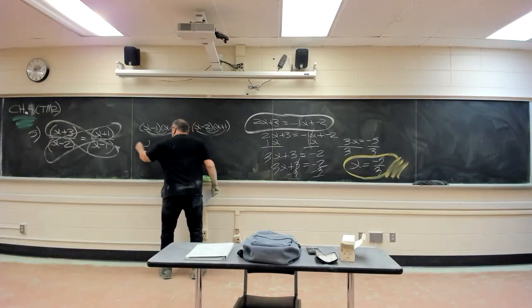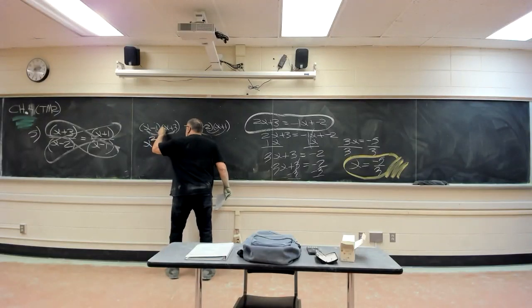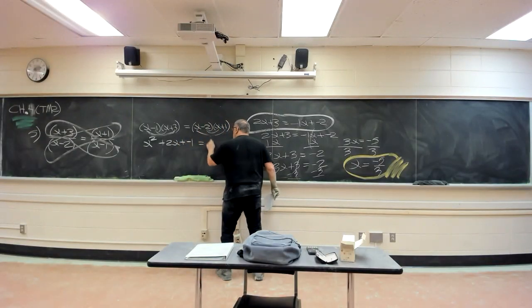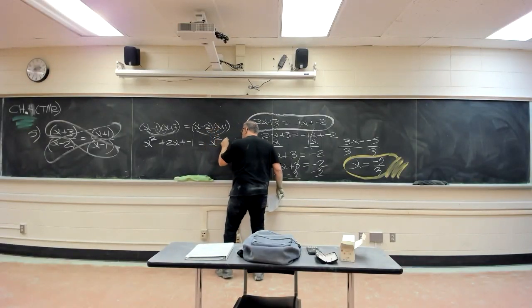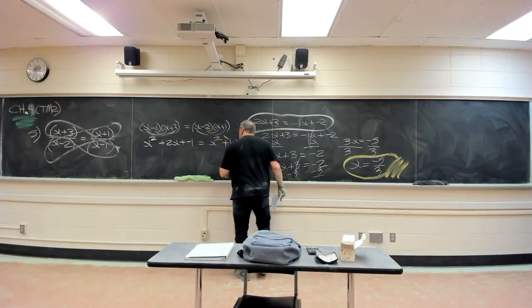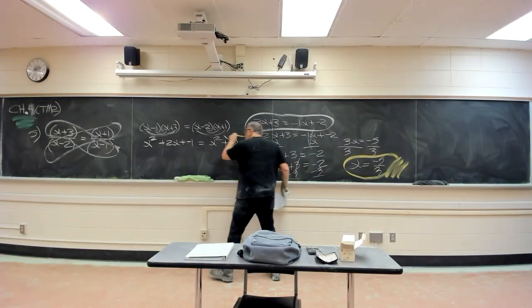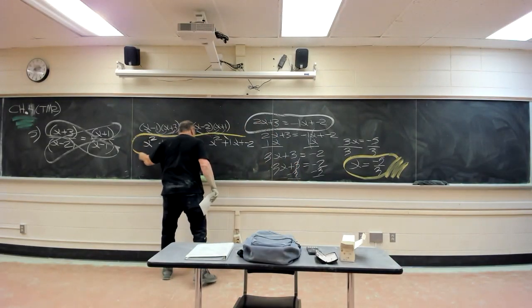Just in my head, this is x squared, negative 1x, positive 3x, that's a positive 2x. I might have gotten it wrong there. This right here is x squared, negative 2x and positive 1x is negative 1x. Time out. This is definitely where it's at.